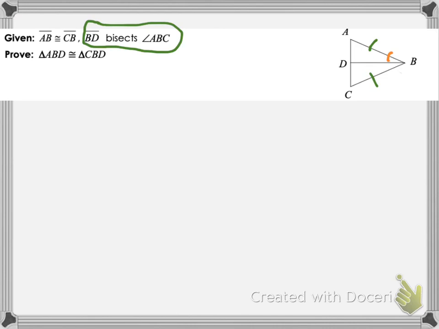So this little guy here and this little guy here are congruent angles. Bisected the angle ABC. And then again, we have them sharing a side here. So this would be side, angle, side.